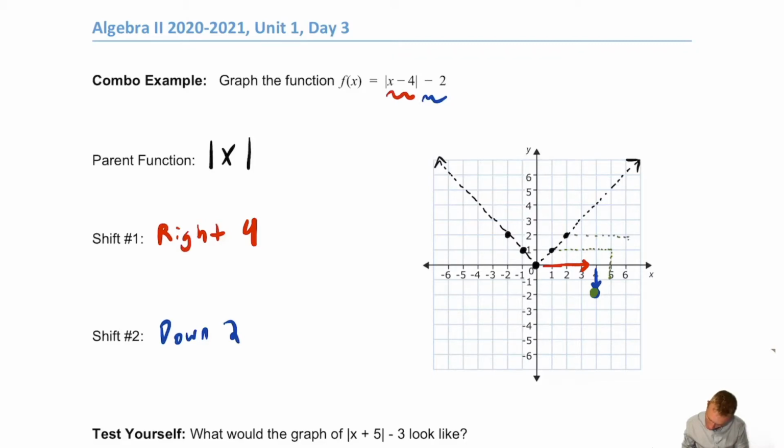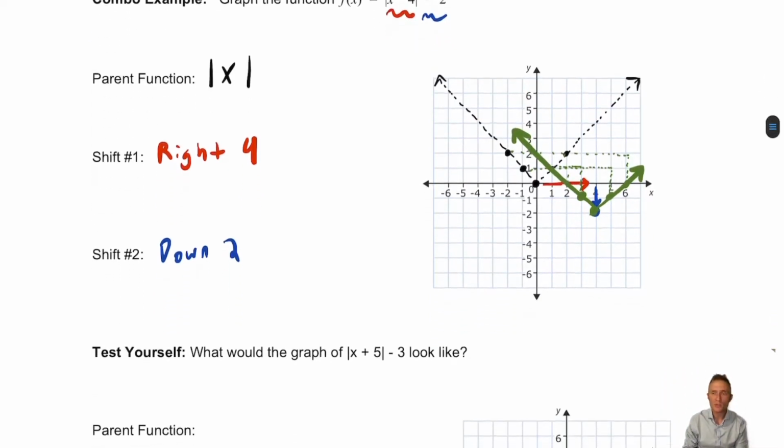Right 4 and down 2. There are 2 points to the right. We'll do this one now. Right 4, down 2. There's our next point. Right 4, down 2. You can see that you can graph these functions just by applying your understanding of transformations.